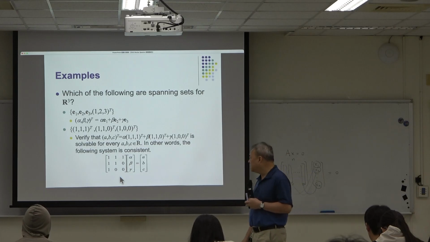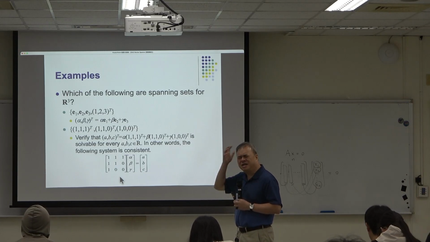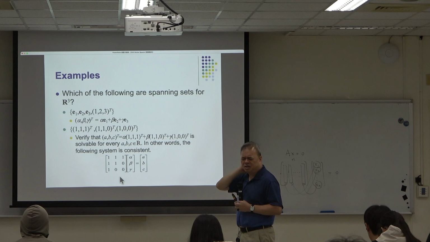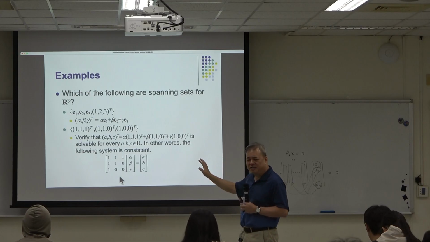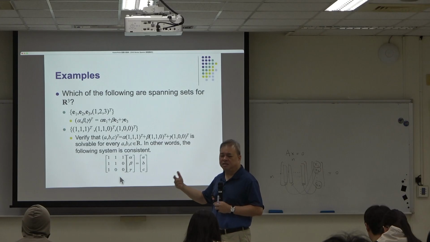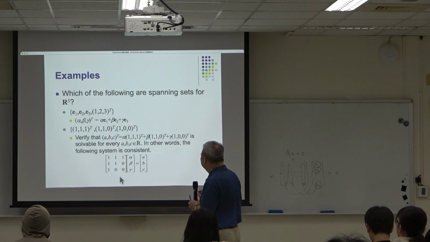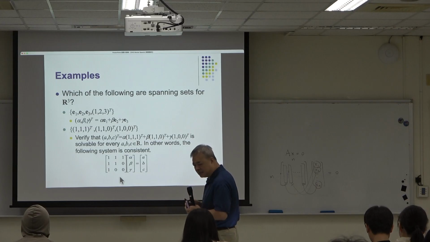Obviously, any vector in R3 can already be represented by a linear combination of E1, E2, and E3, right? So if you put one additional vector there, it doesn't hurt. So yes, it is a spanning set for R3.